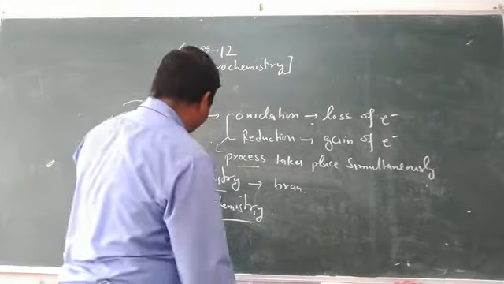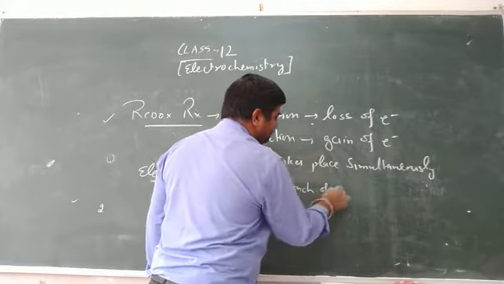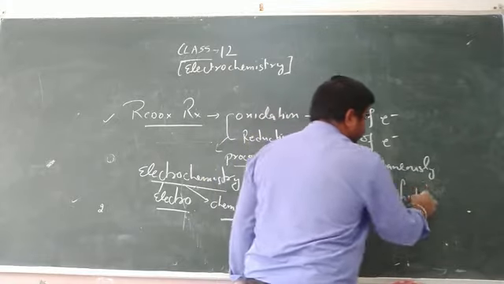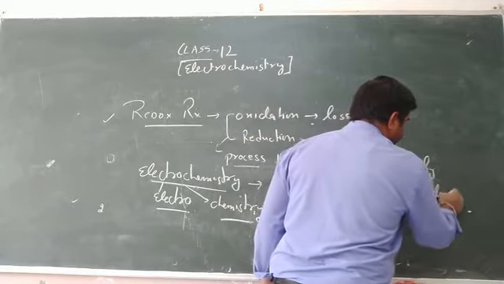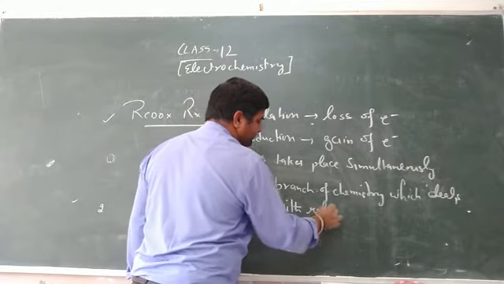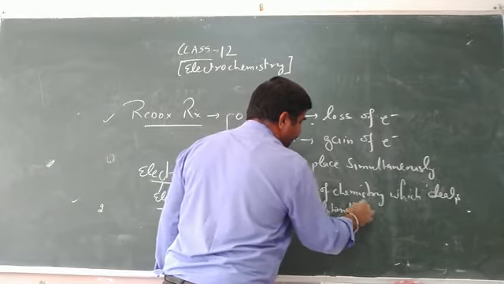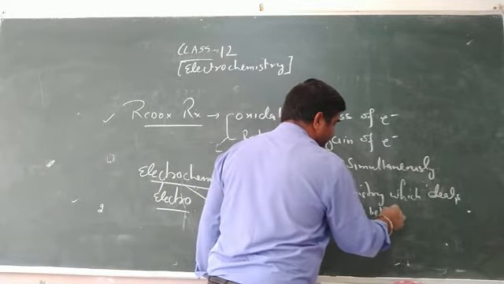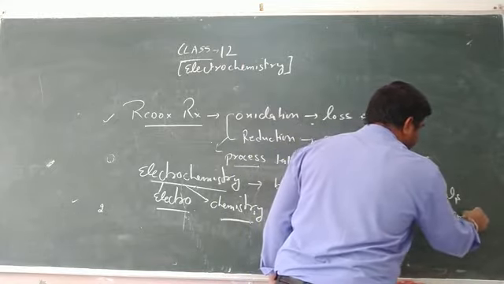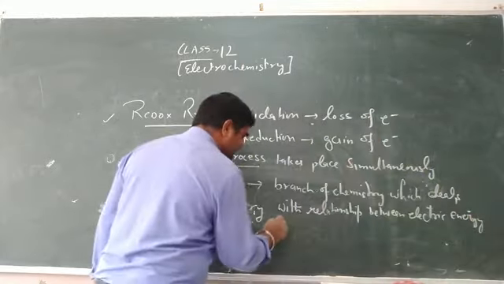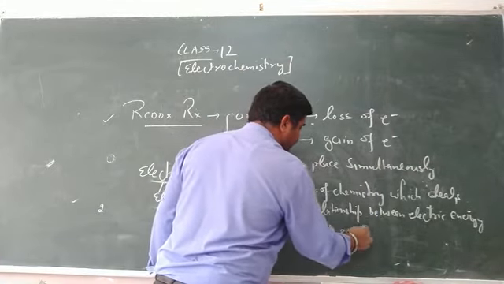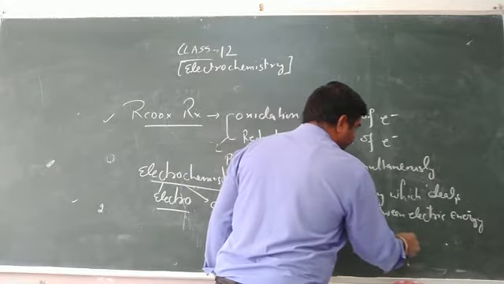So we can easily say electrochemistry is the branch of chemistry which deals with the relationship between electric energy and chemical energy in redox reaction.